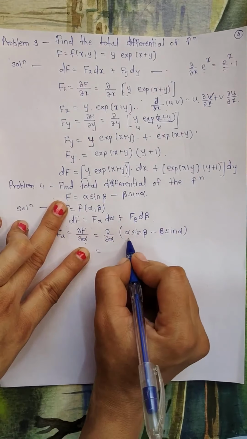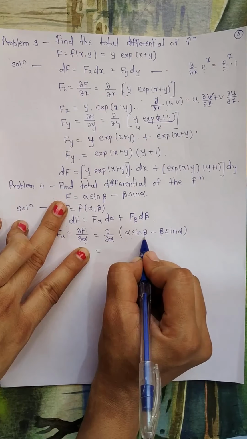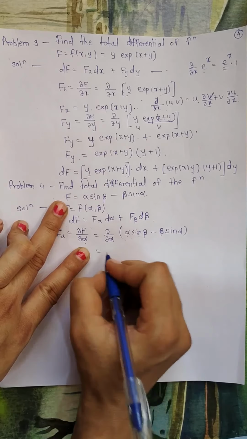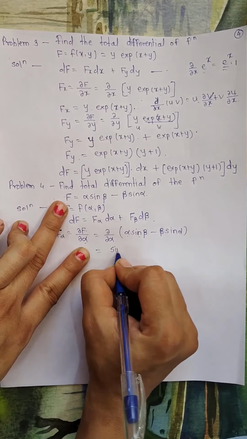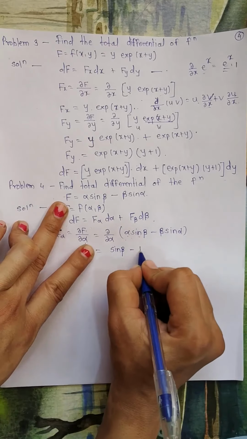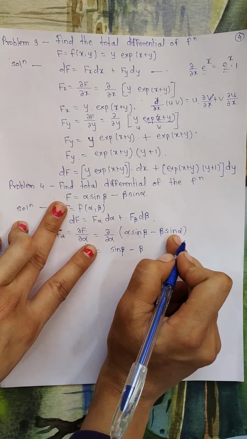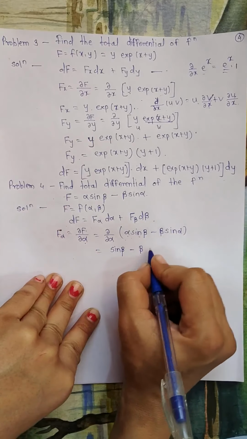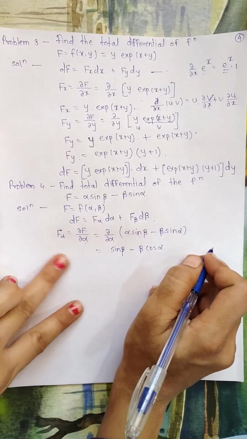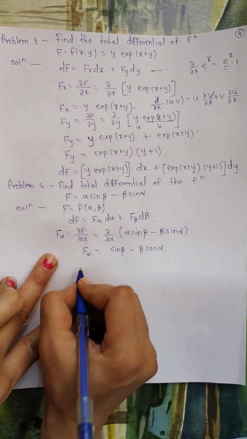So here, derivative with respect to alpha, keeping beta constant, derivative of alpha is 1 and sin beta as it is, so I will get sin beta into 1, that is sin beta, minus beta is now constant and derivative of sin alpha is nothing but cos alpha. You should know the formulas for derivatives. So this is our f alpha.